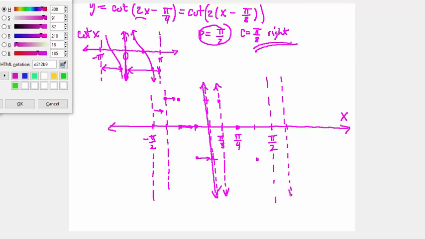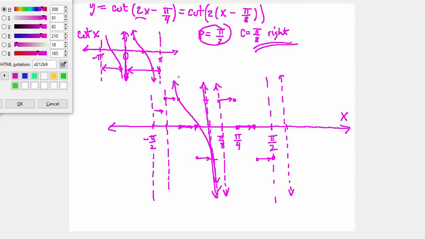Everything's moving pi over 8 to the right, including all these points. Now, it's of course kind of hard to see sometimes with this, but it's better than trying to shift the entire graph. So all we've moved is the points and the asymptotes. If I go ahead and connect the new points in their spots, I get the following function.